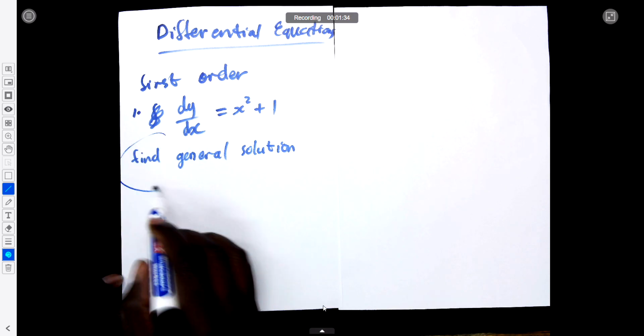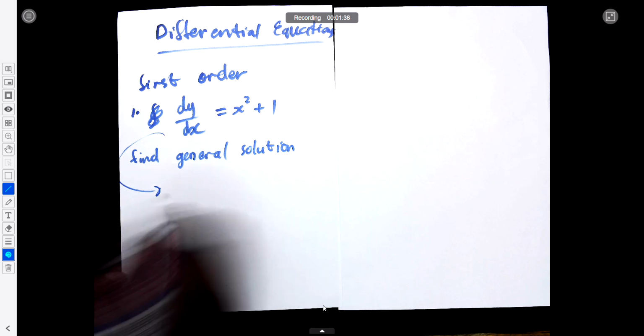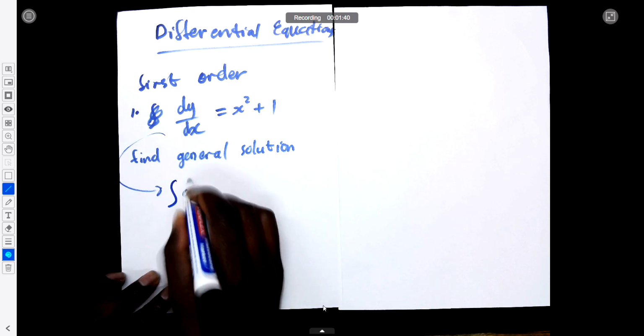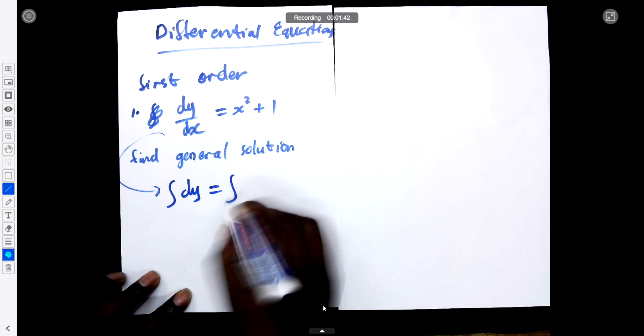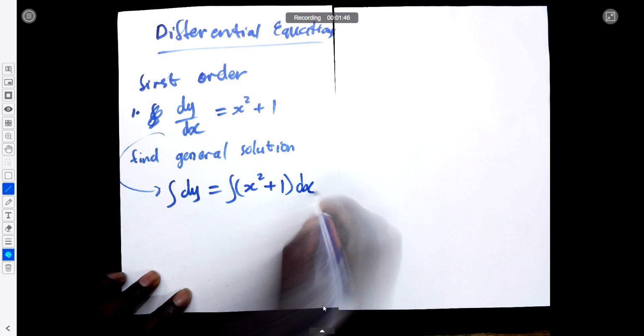For example, integral of this. You can put dx on both sides. If you want, you can say dy equals an integral on the other side, plus 1, therefore multiply by dx on both sides.